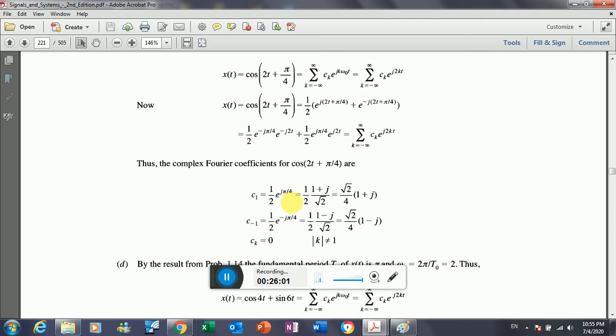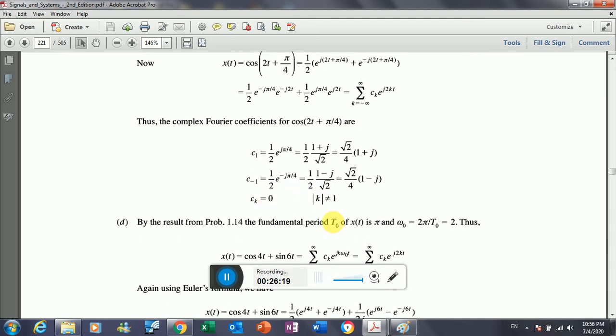This will be equal to cos pi by 4 plus j sin pi by 4. So this will become 1 plus j over under root 2. This will become 1 minus j over under root 2. And all other ck is equal to 0 for k not equal to minus 1 or 1. Right?